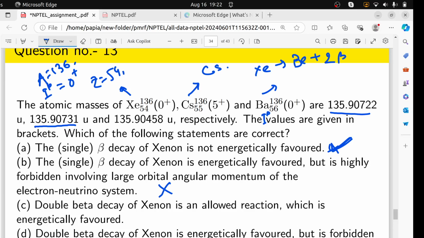So now, double beta decay of xenon is an allowed reaction. They are asking whether it is an allowed reaction or not. To know that, we have to check the J-parity calculation. So J is 0 plus, J is 0 plus. So 0 plus to 0 plus, that means for this case delta J equals 0 and parity no change. Now come to the table again.